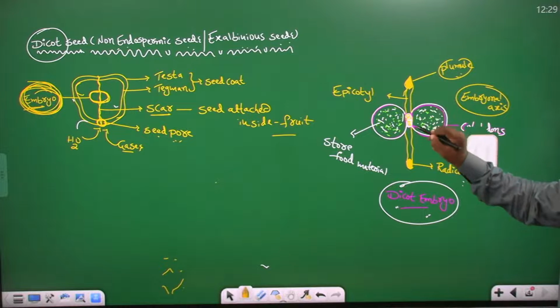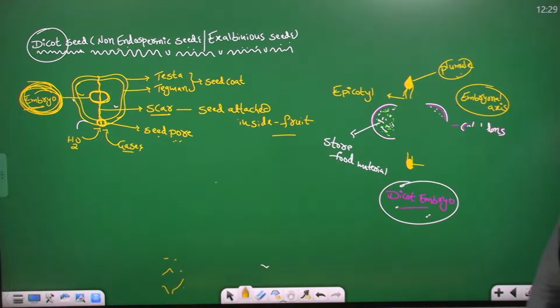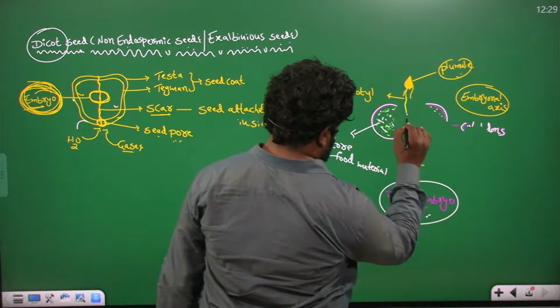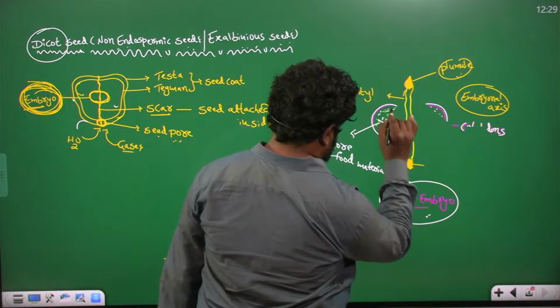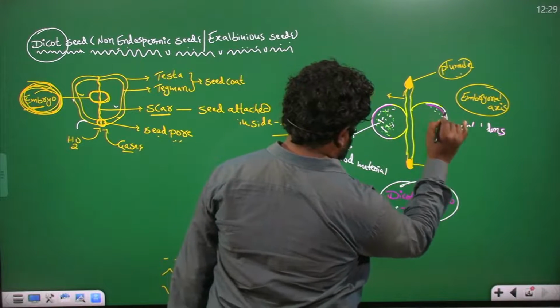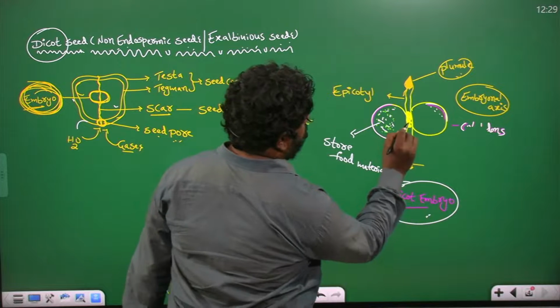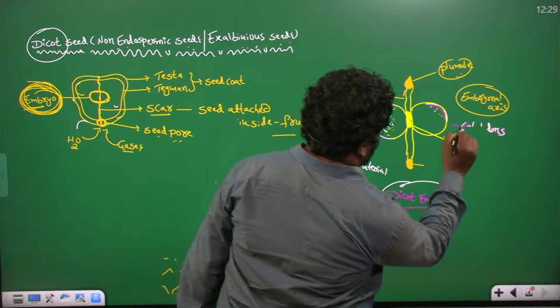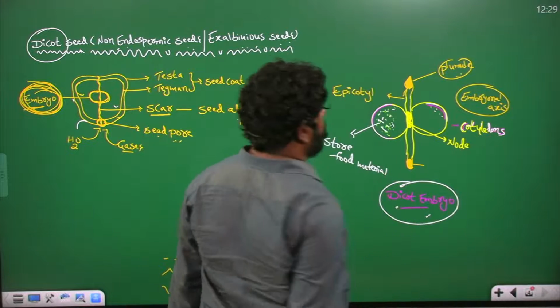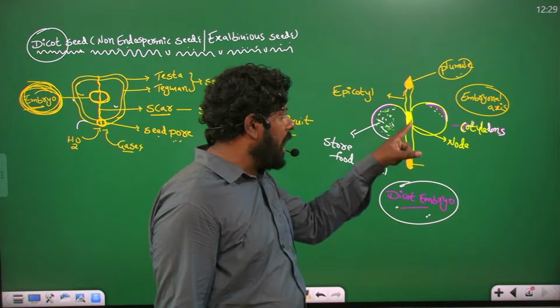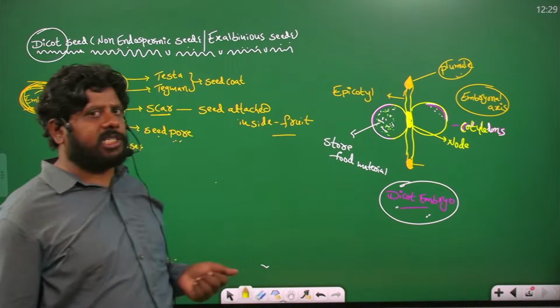This is the plumule region, and this region is the node, with the cotyledons. So the distance between plumule and node is called the epicotyle.